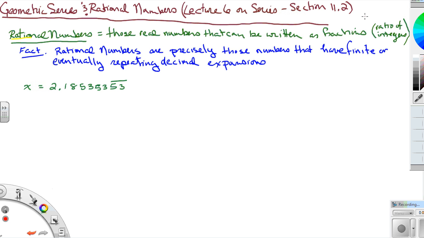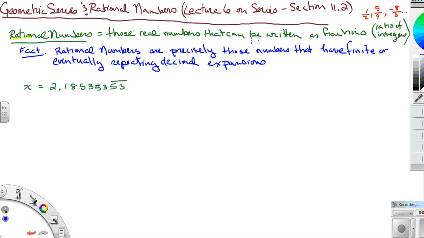And when I say fractions, I don't mean 1.6 over pi. I mean ratios of integers, like 1/2 or 5/9 or -8/3 and things like that. Okay, ratios of integers. And integers, of course, are whole numbers and their negatives.